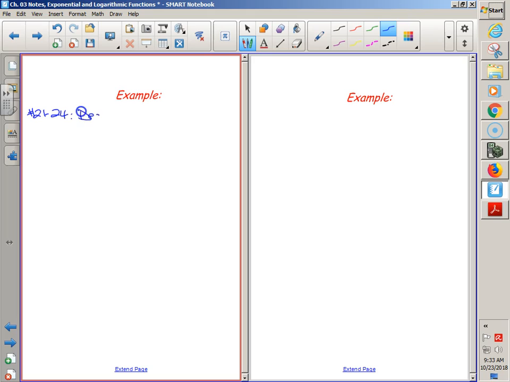So in this one, we're talking about decay. And with decay, it's really helpful to have a model. Decay is going to look like y equals a e to the x. That's what your notes would say. I'm going to make it a little bit different. I'm going to say A is equal to P e to the negative rt.